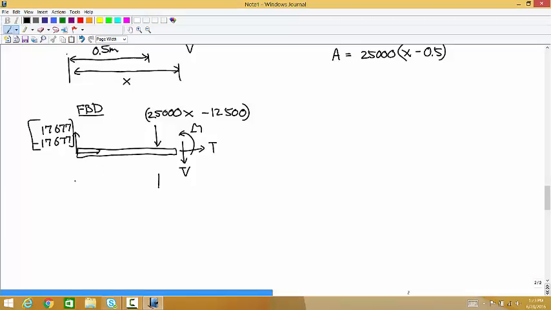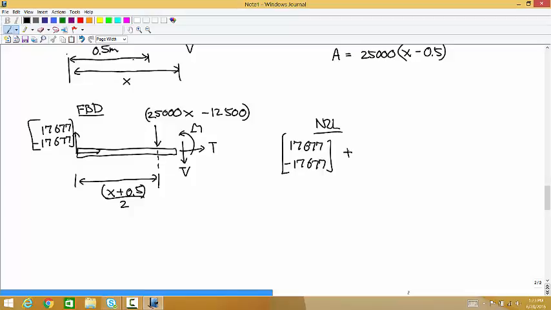And this distance is (x plus 0.5) divided by 2. So Newton's second law says 17,677, negative 17,677, plus, this is the magnitude of the force.